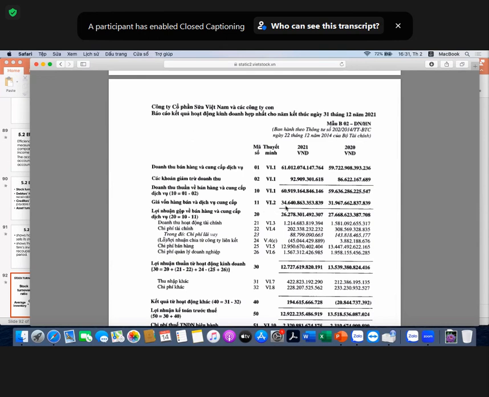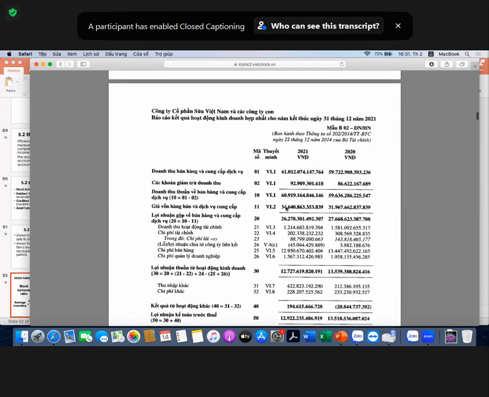Dividing by what? Dividing by average inventory. So what is the inventory turnover of this?